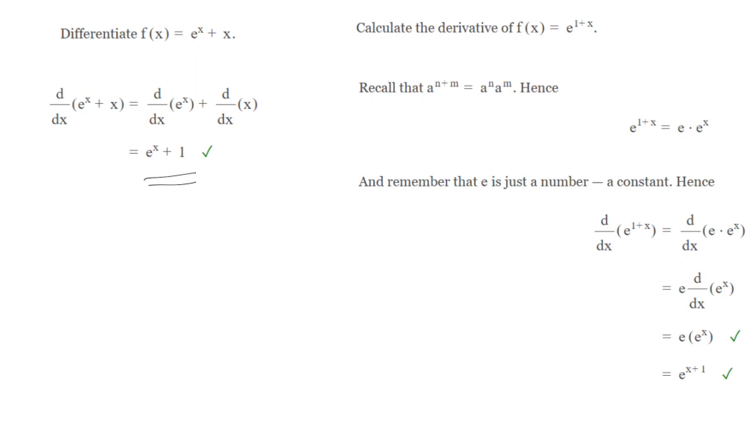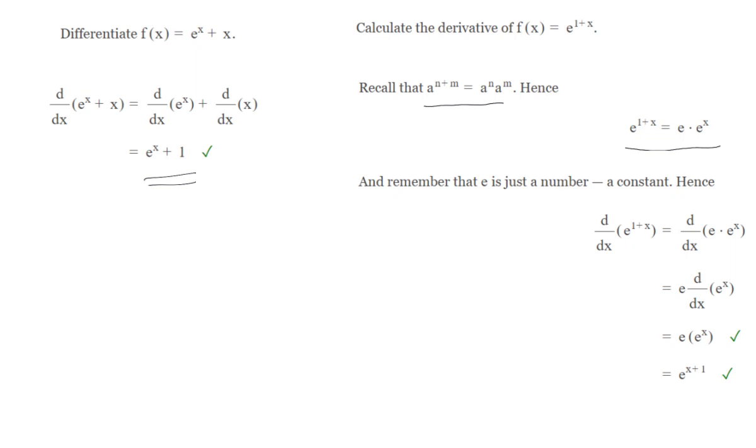Now next question, calculate the derivative of f of x is equal to e raised to 1 plus x. So recall that a raised to n plus m is equal to a raised to n into a raised to m. Hence, e raised to 1 plus x is equal to e raised to 1 into e raised to x.